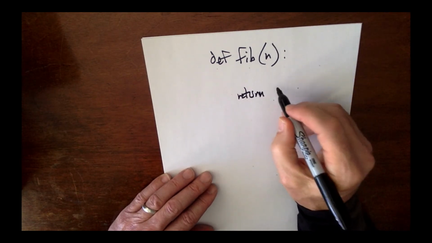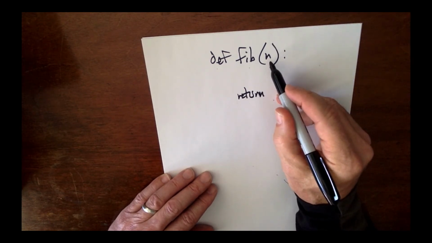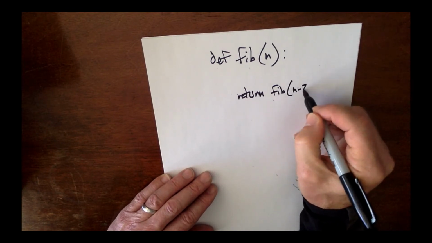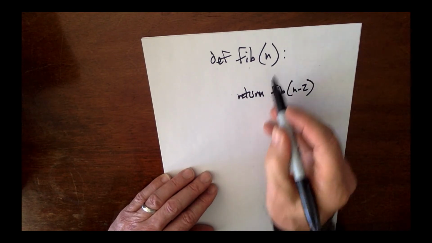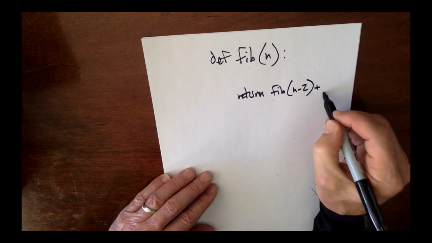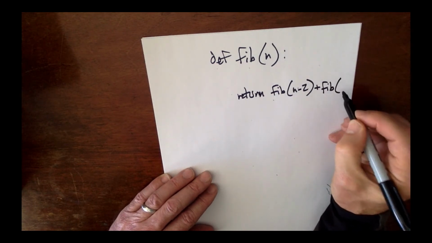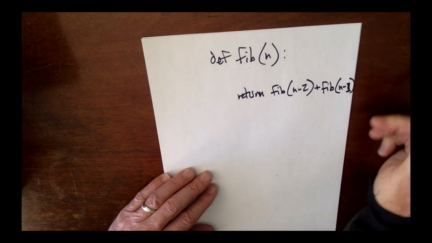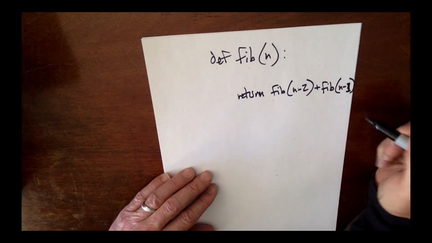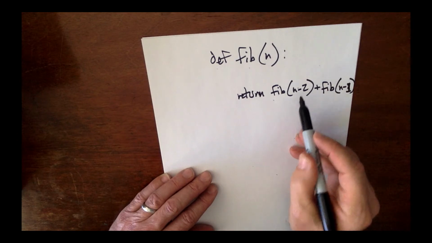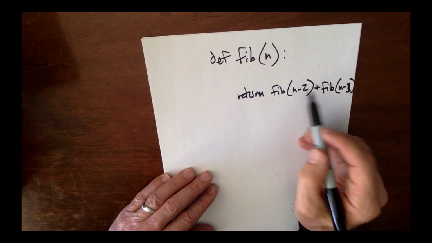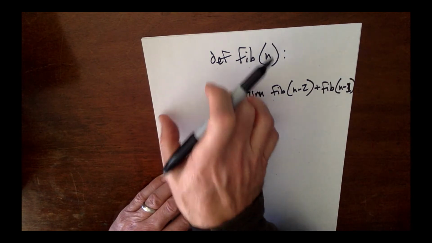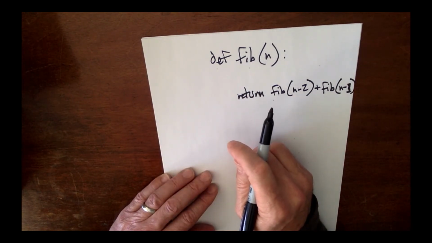If you're looking for the nth value, I'm just going to return the sum of the Fibonacci from 2 before that one plus the Fibonacci from 1 before that value. Fibonacci of 6 is going to be Fibonacci of 4 plus Fibonacci of 5. This is going to take care of that process of going back and doing our previous answers.